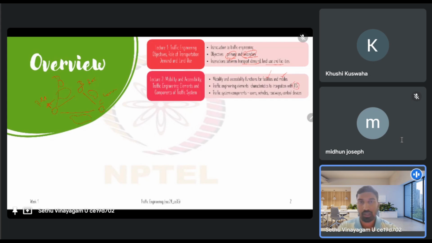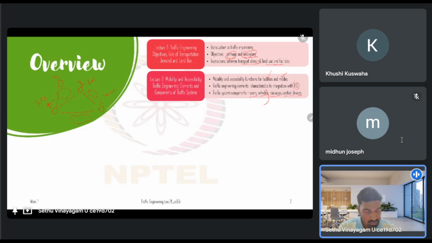And there are four important components that make up a transportation system or a traffic system, which are the users, vehicles, roadways, and the control devices, right? Among these, the users and the vehicles are out of the control of the traffic engineer, right? We cannot control how a user will behave or how the vehicle is going to behave. It's not in our control.